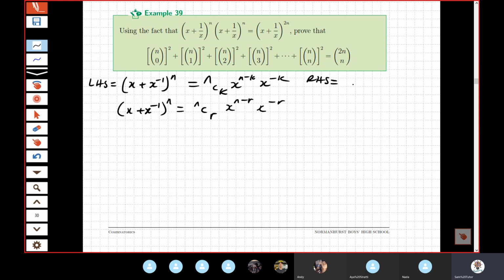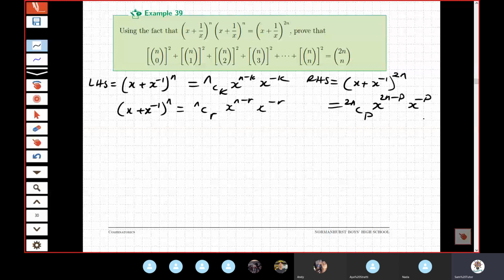Right hand side equals (x + x^-1)^(2n), which equals 2nCp, let's call it p, x^(2n-p) x^(-p). Any questions at this stage?